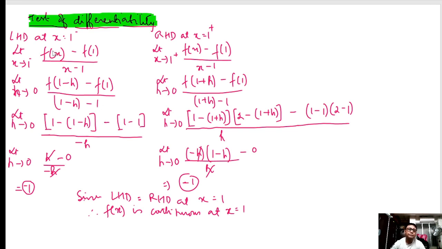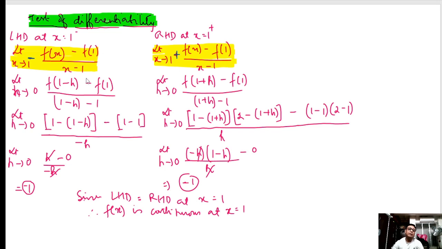So for differentiability at x less than 1, we know that this is how we have to write, and for more than 1, right hand derivative, x tends to 1 plus, we have to write like this.